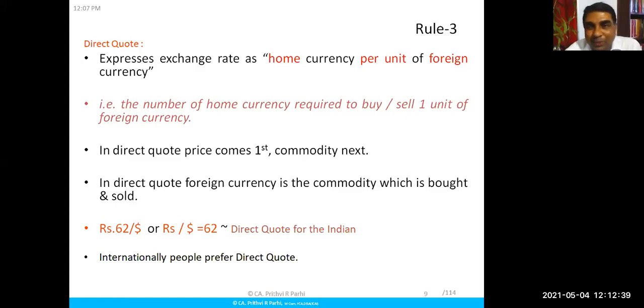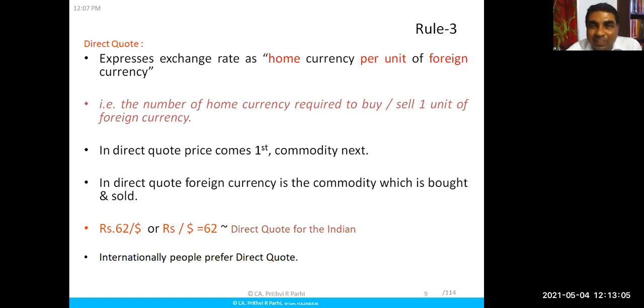So this is my direct quote. Or how much of Indian rupee I have to pay for 1 unit of pound? Or how much of Indian rupee for 1 unit of euro? If I make this kind of quotes, that is called a direct quote. Why is it a direct quote? Because I can directly understand. It is very convenient for me to understand this quote. But to know whether a quote is direct or not, first of all, I need to know what is my home currency.